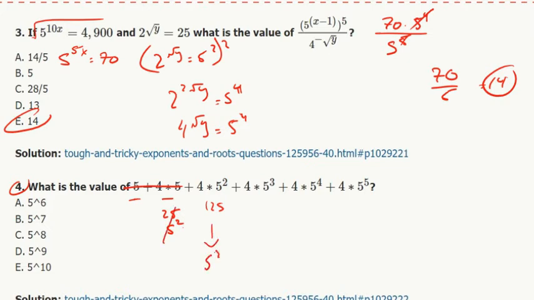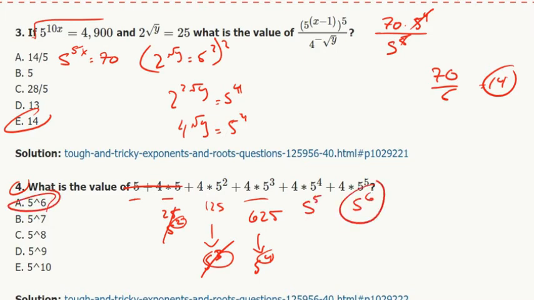Then 4 times 125 is 500, plus the previous 125 is 625, which is 5 to the 4th. Well, what's going on here? This is just going out 5 squared, 5 to the 3rd, 5 to the 4th. So the sum through here would be 5 to the 5th, and the sum through here would be 5 to the 6th. Looking for a pattern.